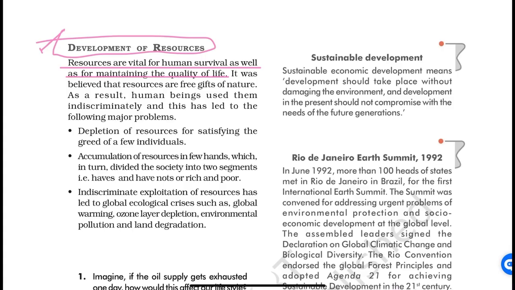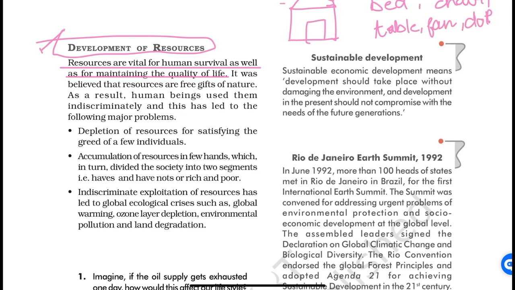Let's understand by an example. You have an empty house you live in. You don't have a bed, chair, table, fan, or any clothes.